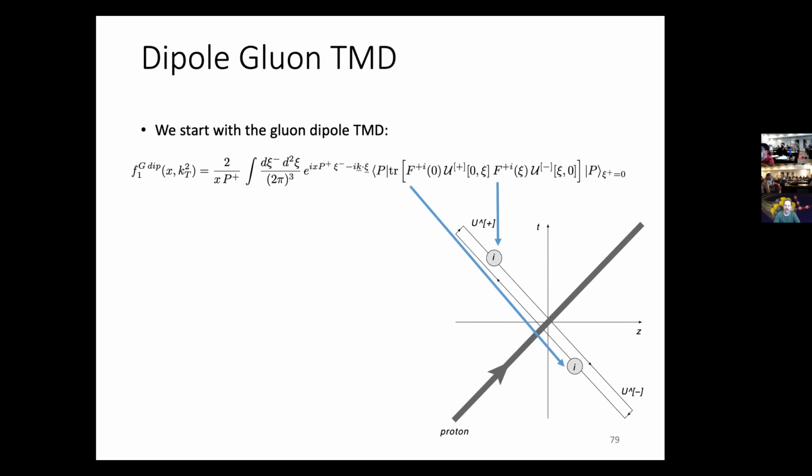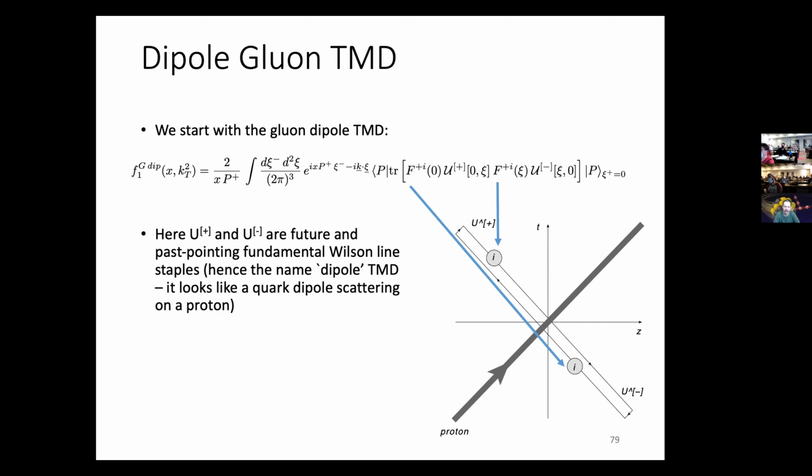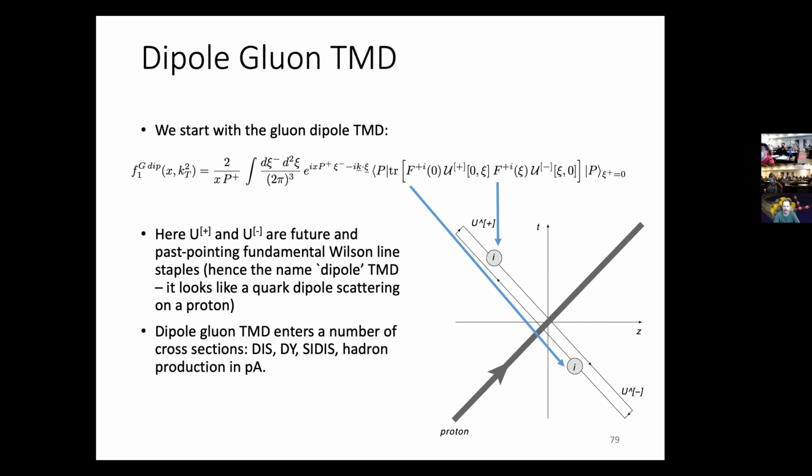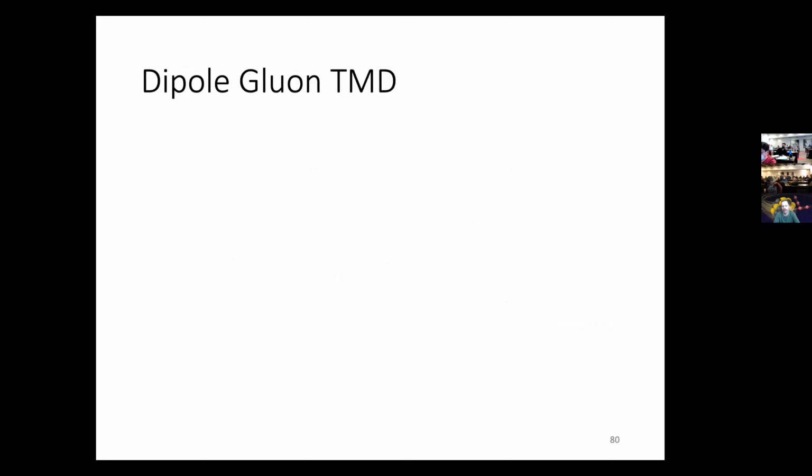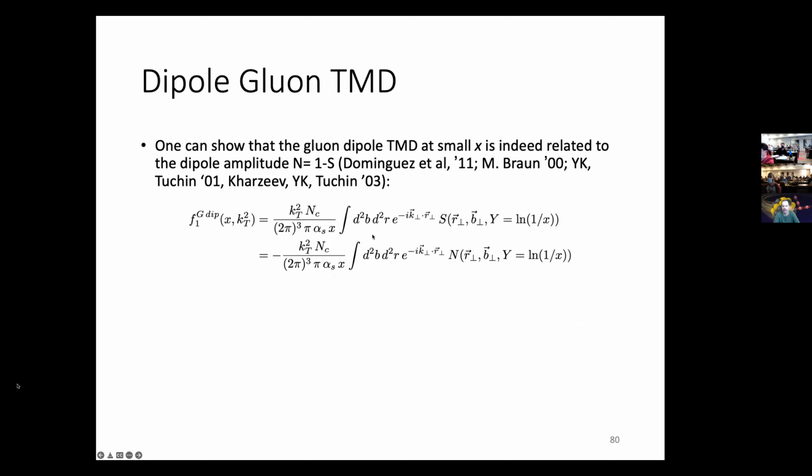So this is our TMD, and it's called the dipole TMD for a simple reason, because it really looks like a dipole scattering amplitude, right? We have a quark and antiquark scattering on the proton. And this intuition actually is quite right. This is indeed a dipole, so you can actually prove that this dipole TMD, F1G, is related to the dipole amplitude we just talked about.